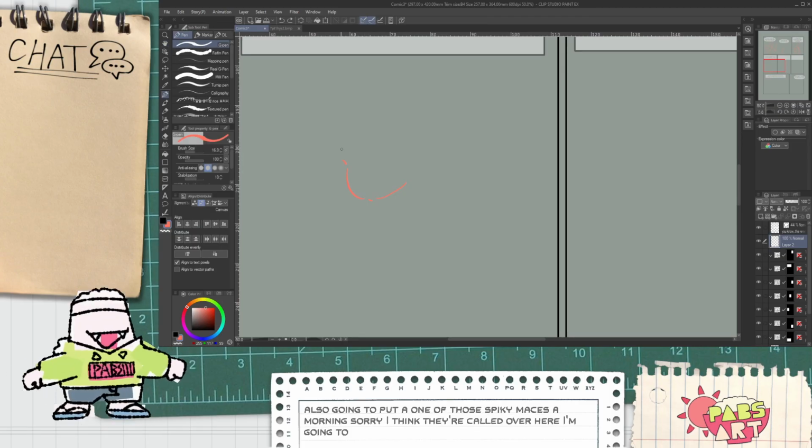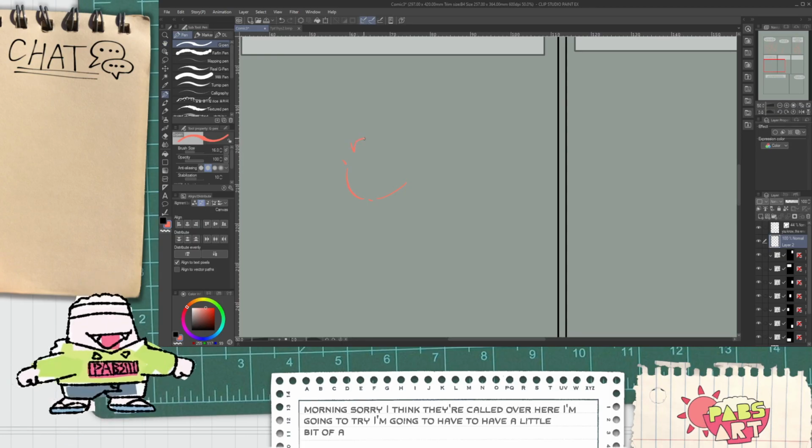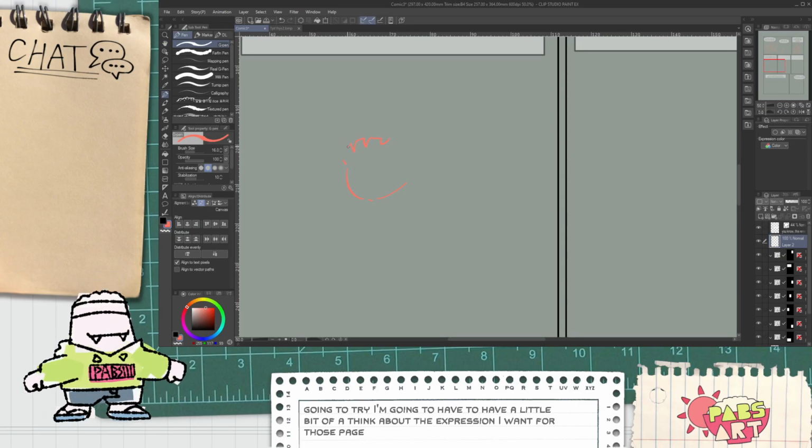I'm gonna have to have a little bit of a think about the expression I want for this page.